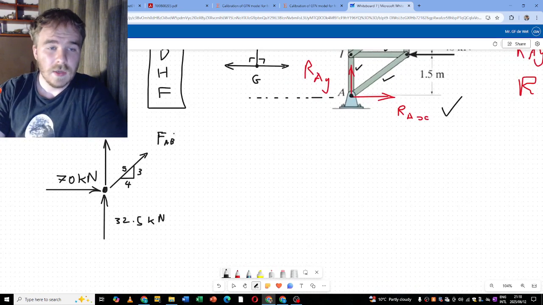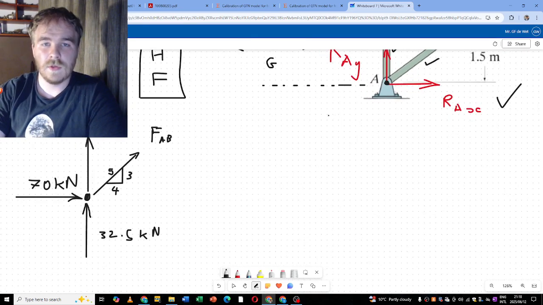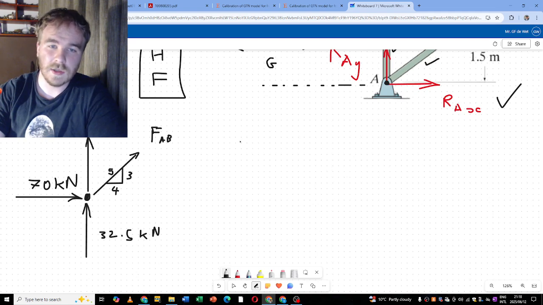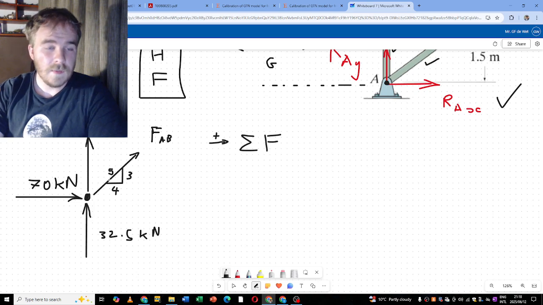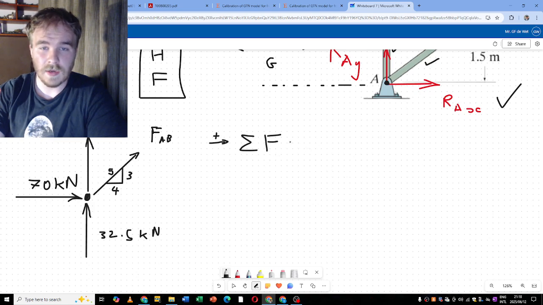And now we are going to do sum of forces in the X direction first, because I need to keep on defining the direction just to make things clear, because you can see that FAB is the only force that I don't know which has a component in the X direction.